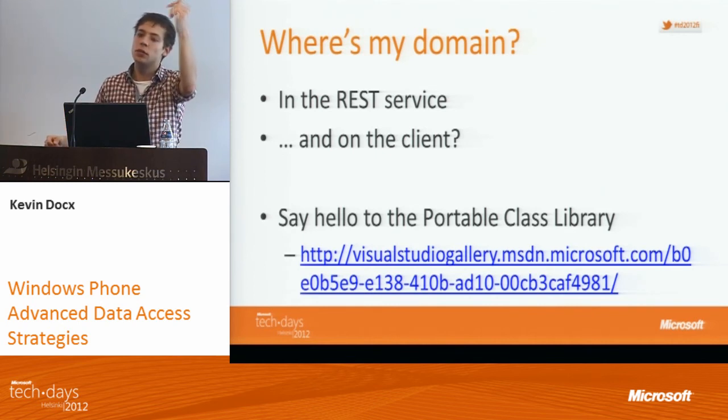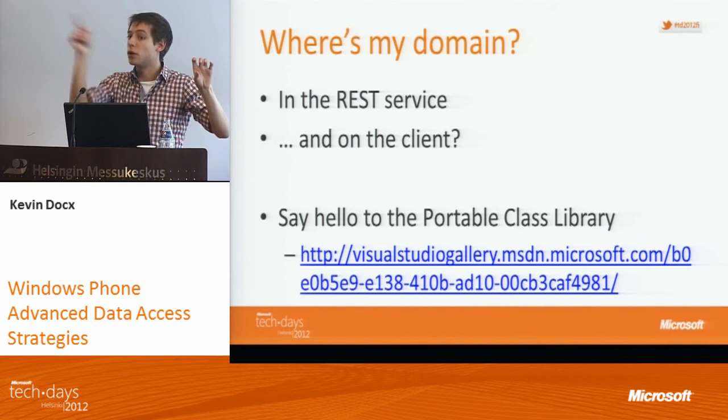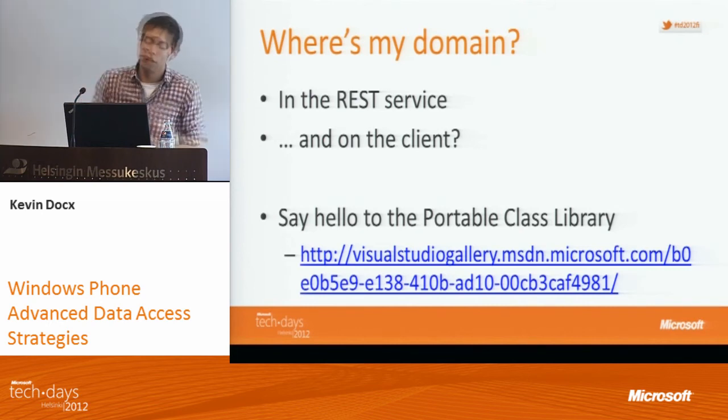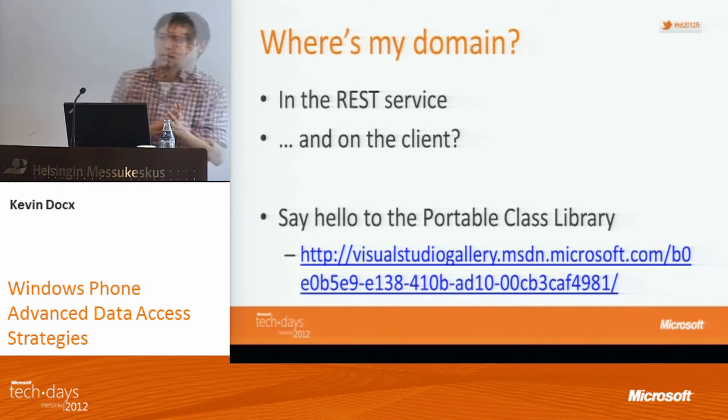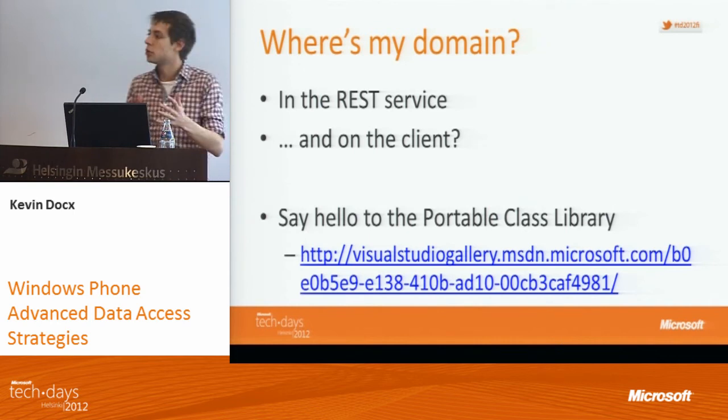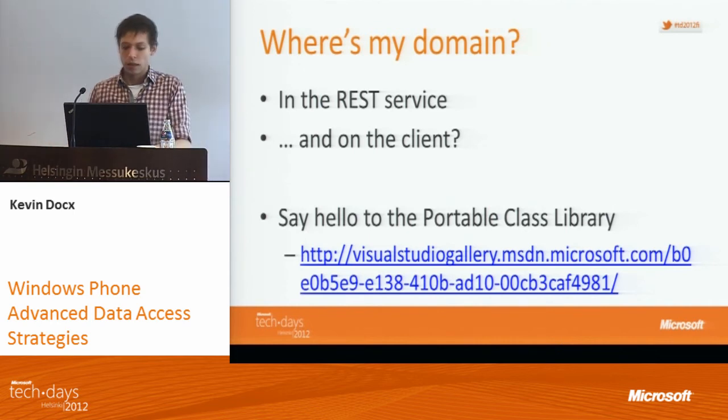I no longer need to keep two different customer DTOs in two different places. Just put them in one place and reference them on both sides. That saves you some work, and it keeps all your objects in one place. That can also be used with regular Silverlight and full .NET, by the way.